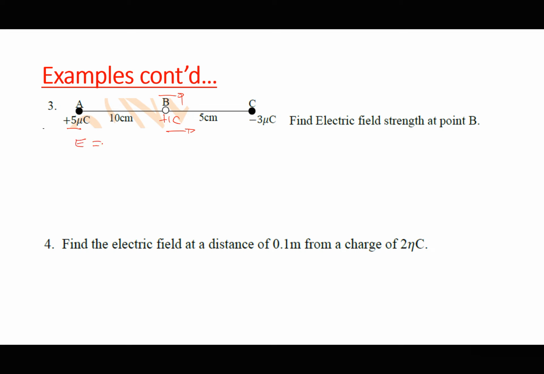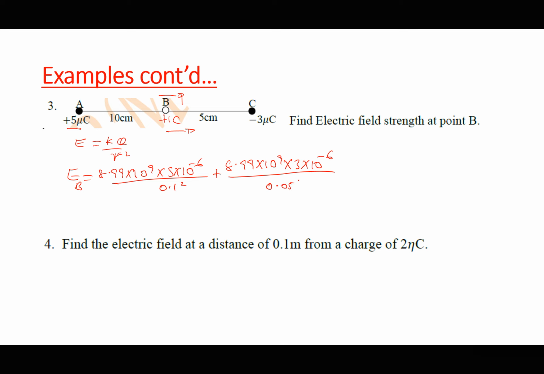So electric field strength is KQ over R squared. The resultant electric field strength at point B will be that caused by A, which is 8.99 times 10 power 9 times the charge, which is 5 times 10 power negative 6, divided by the square of the separation, which is 0.1 squared, plus that caused by C, because they're on one side, I'll just add. So that is 8.99 times 10 power 9 times 3 times 10 power negative 6, divided by 0.05 squared.